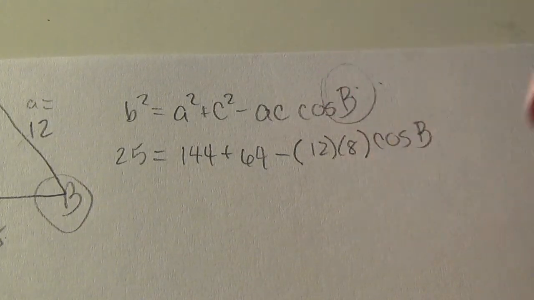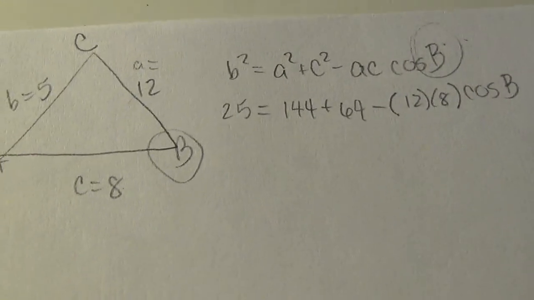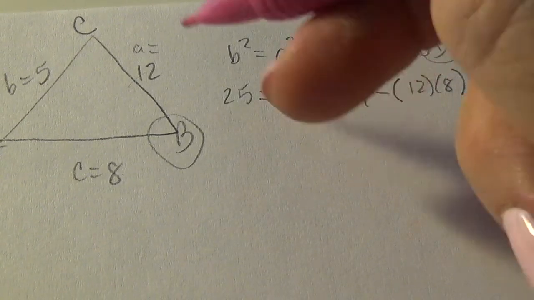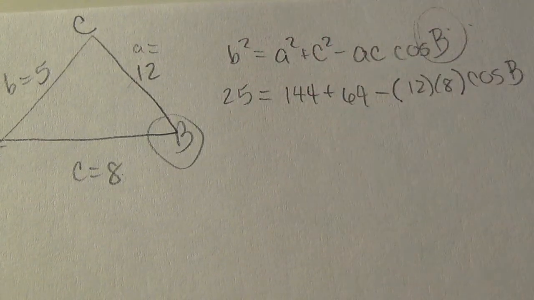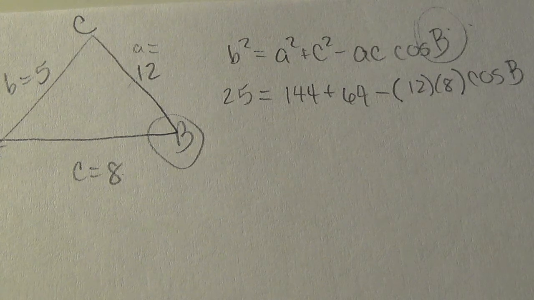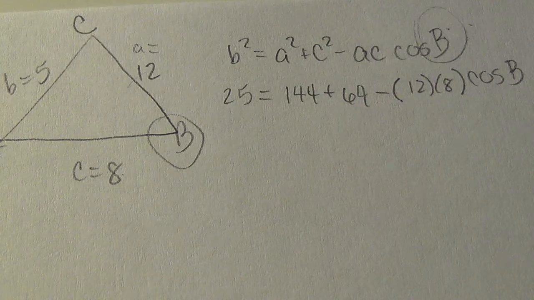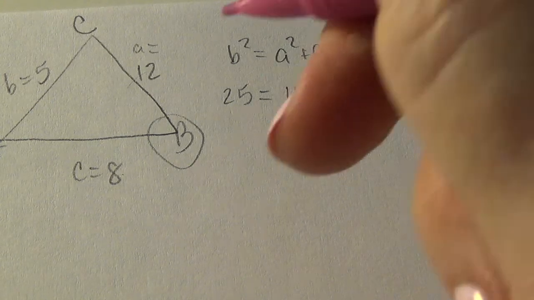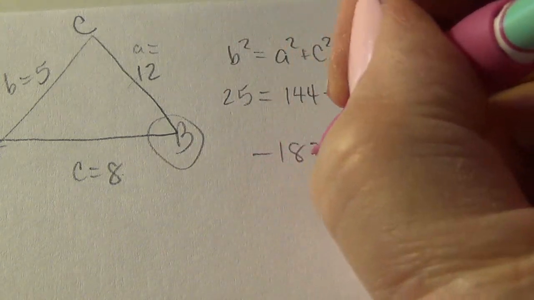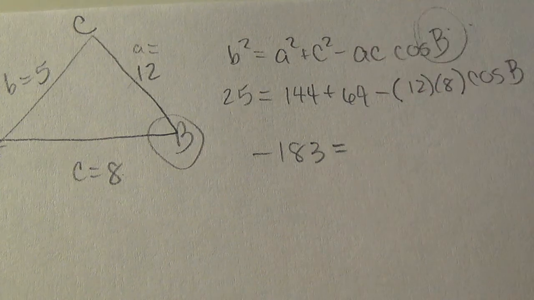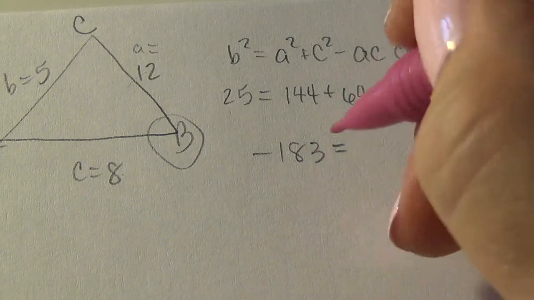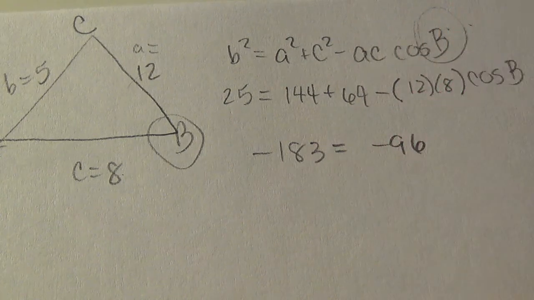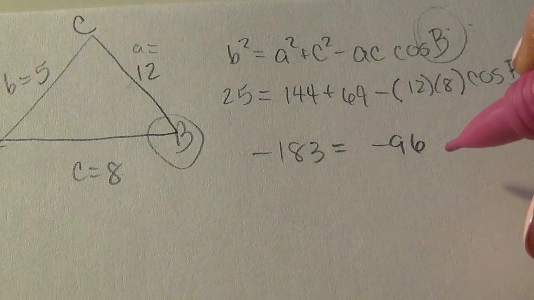So I will calculate 25 minus 144 minus 64. So I get negative 183 equals negative 96 cosine B.